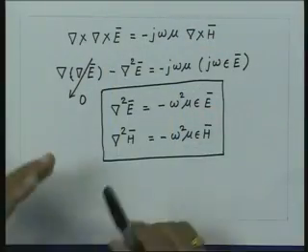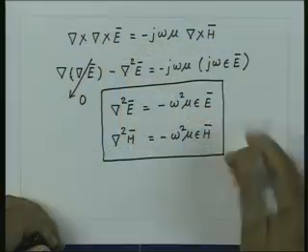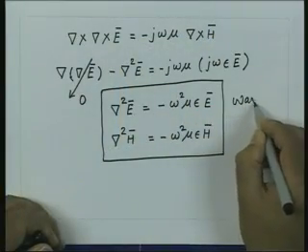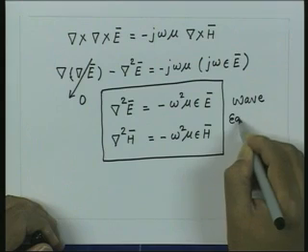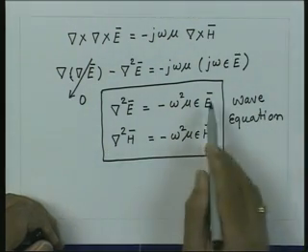Recalling that we had a similar equation for the transmission line, a solution of that equation physically was used to represent wave kind of phenomena. These are the generalized forms of the wave equations. So, this is the wave equation in the three dimensional space.